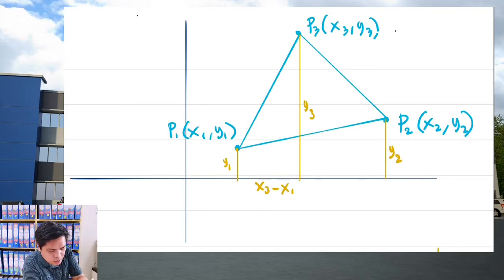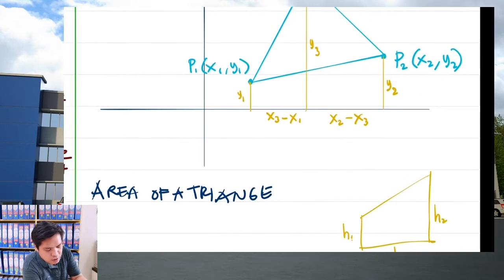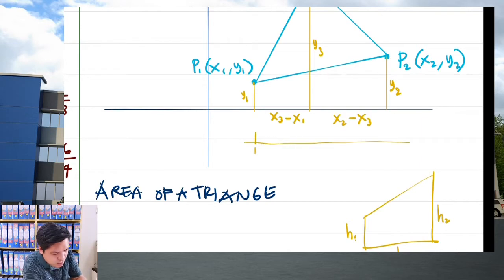And ito naman siya, this base here is the difference of x from P3 to P2 or P2 to P3. So, this is x2 minus x3. Okay? And this base naman, para sa isusubtract natin na trapezoid, ang base niya is the difference or the increment from P1 to P2. So, that's x2 minus x1.